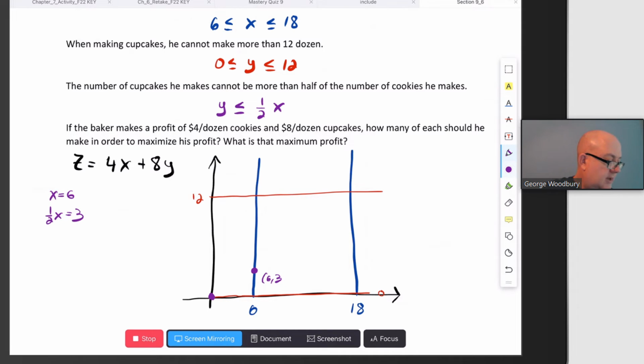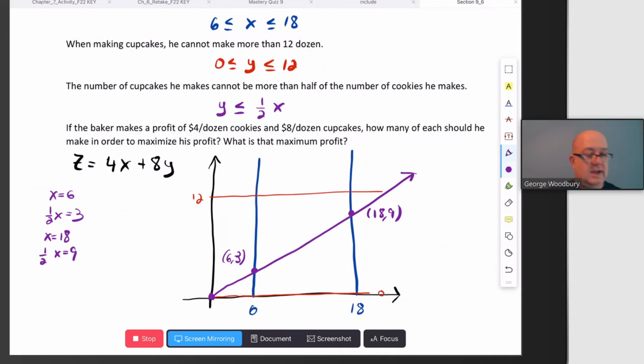And when x is 18, half of 18 is 9, and that's below 12. So it's going to cross somewhere around here at 18, 9. And it's not going to cross the red line at 12 until somewhere outside of the region.